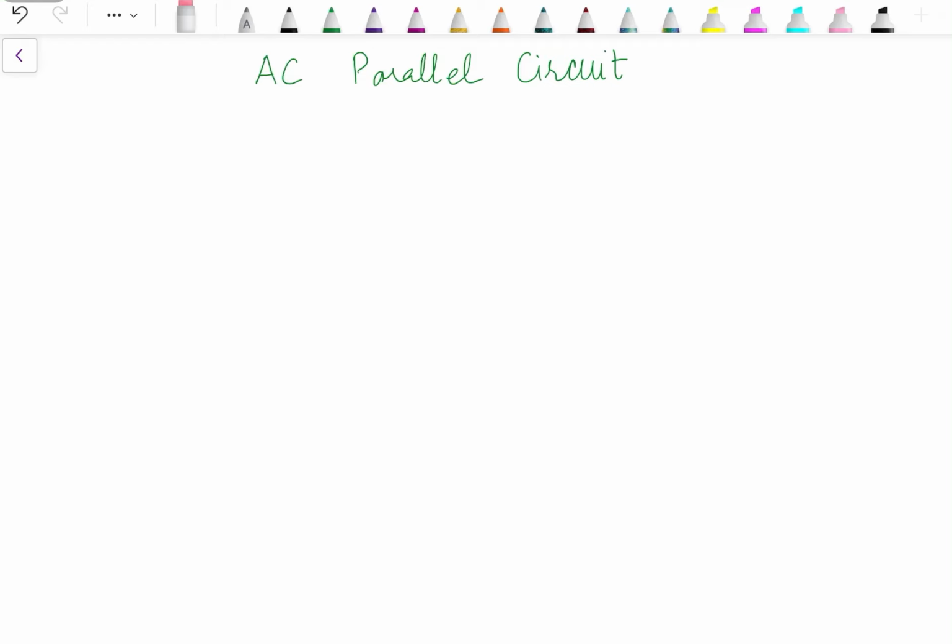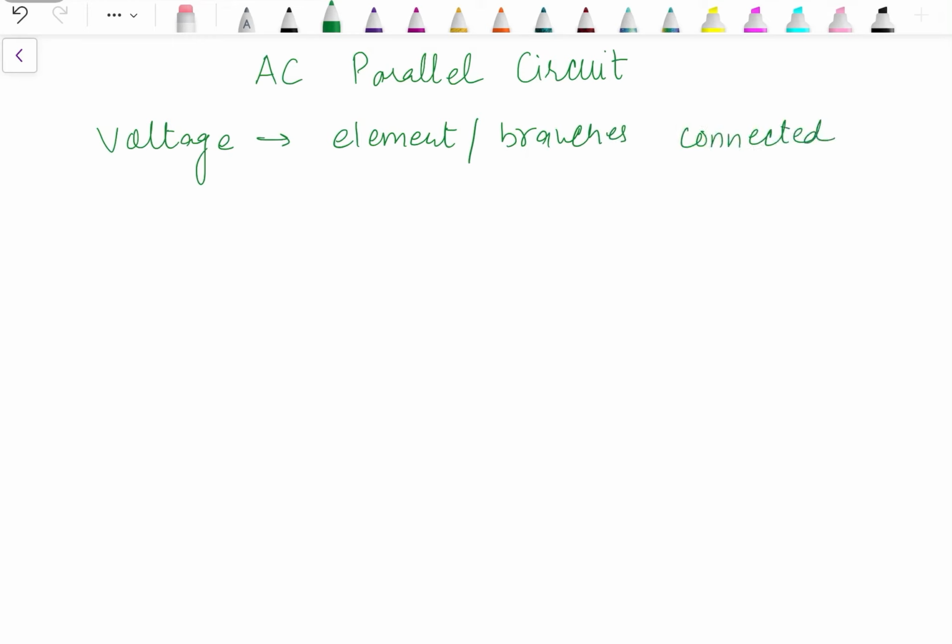So when we move on to parallel circuits, in parallel circuits, the voltage across the elements or the branches which are connected in parallel remains the same.